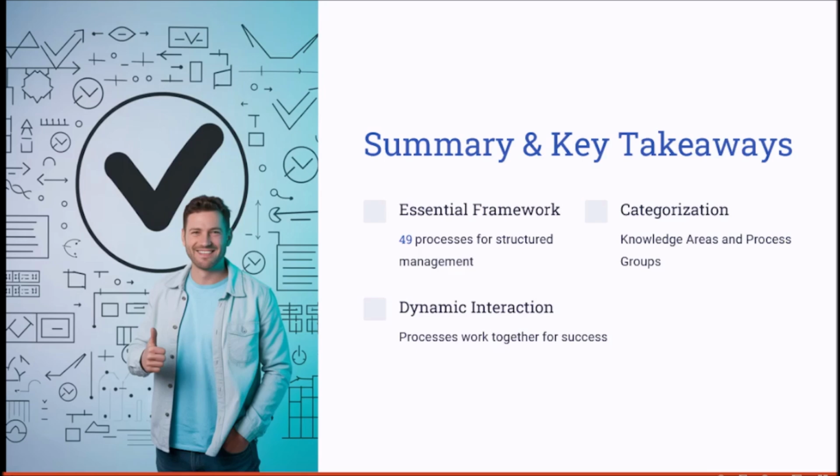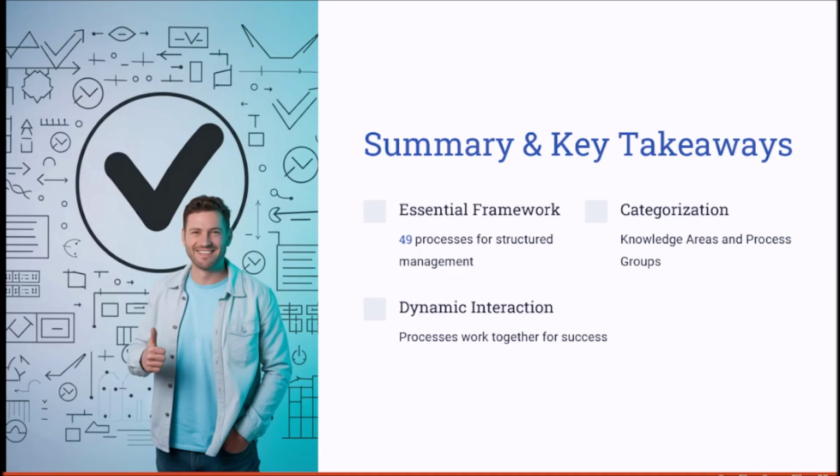To summarize our session about the 49 processes, how they interact with each other, and how they are aligned and distributed through different knowledge areas and process groups. We say that the 49 processes in the PMBOK Guide 6th edition are essential for structured project management following the waterfall or traditional approach.